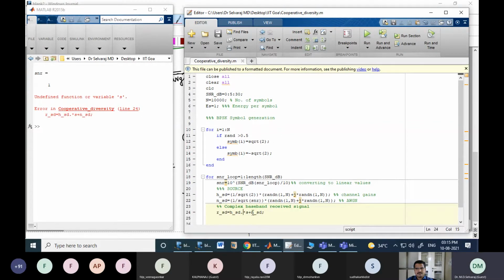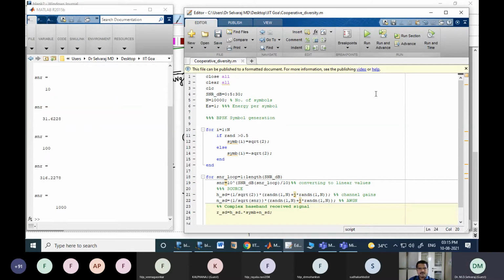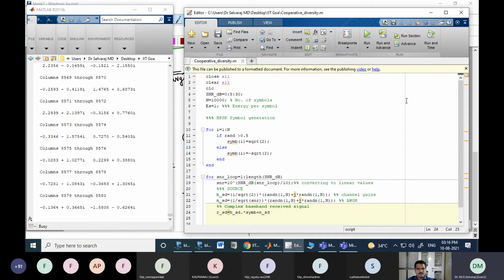Okay, what we are using, we are using simple. Now what we did is the complex baseband received signal.